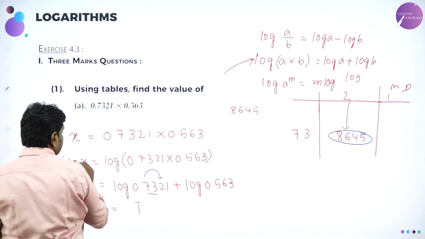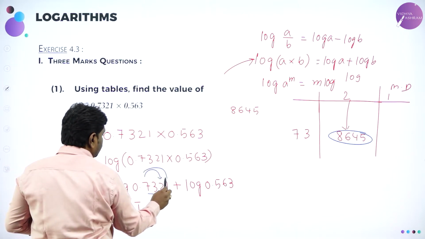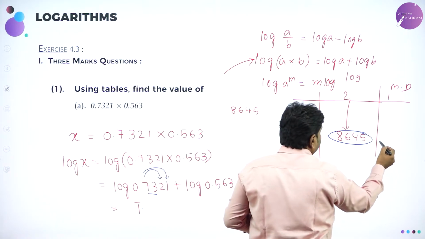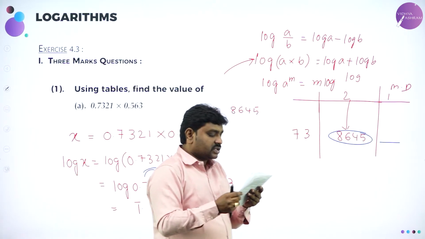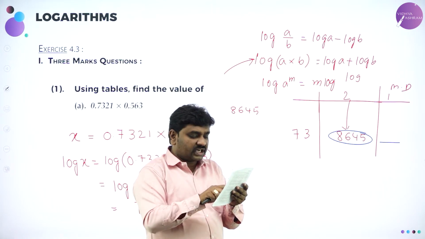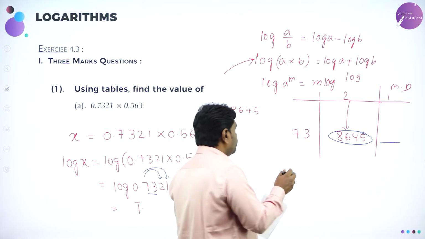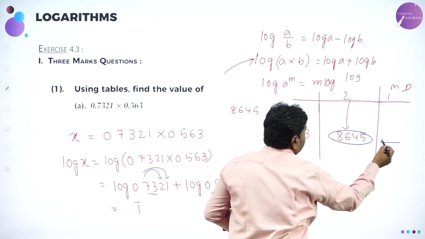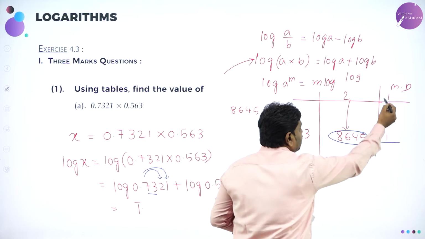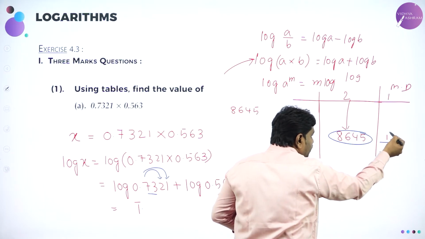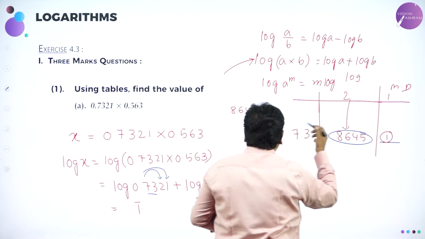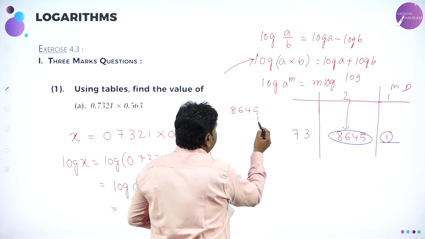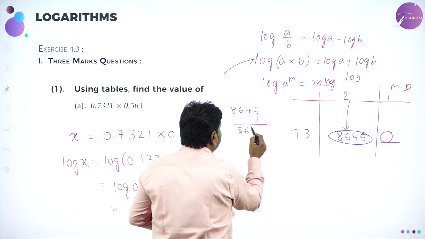Under 1, in row 73, if you see the mean difference, it will be 1. This 1 mean difference you should add to the last digit. So 8645 plus 1 becomes 8646.